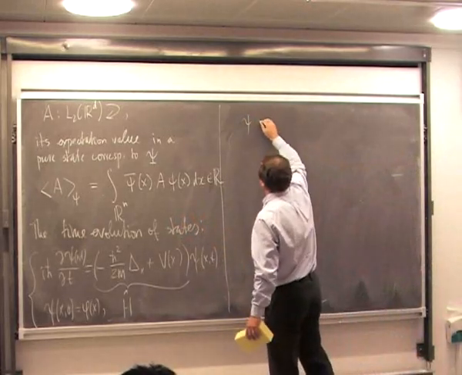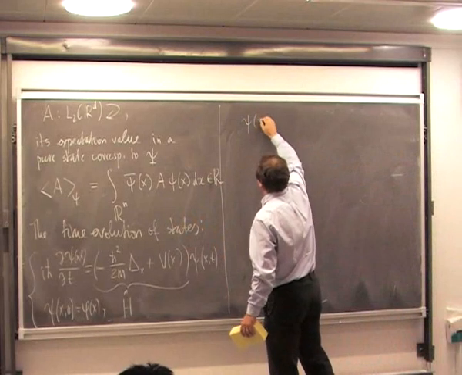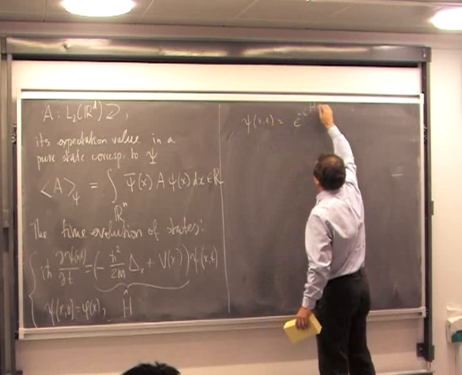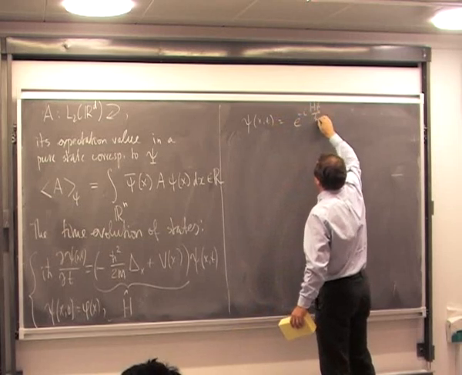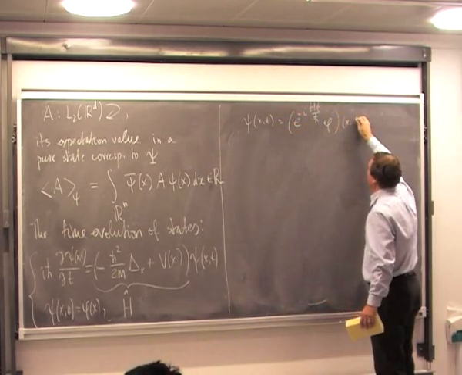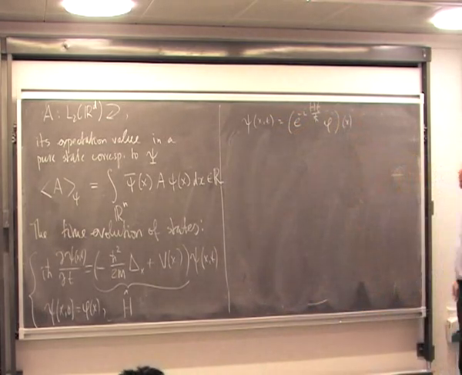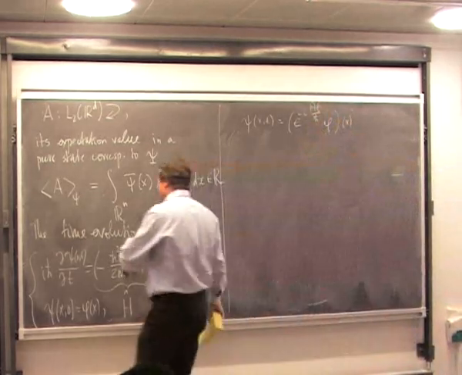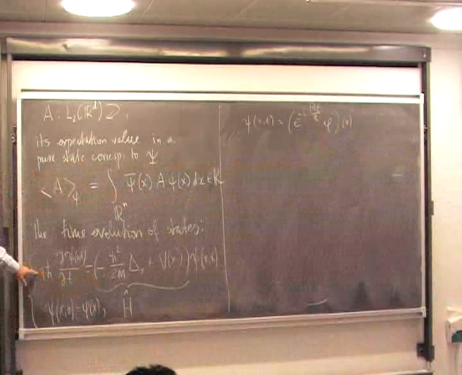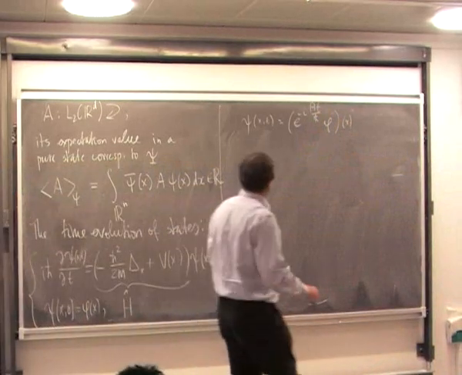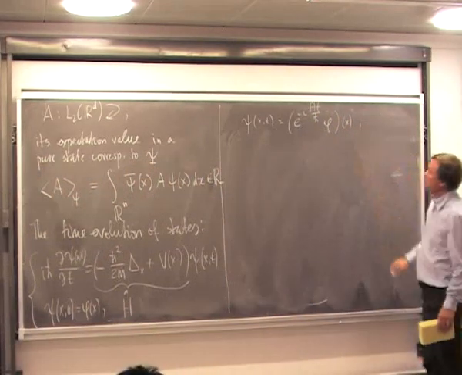So formally, psi of x, t is e to the minus i H-check t over h-bar, phi of x. You see, it's a linear differential operator, and that's the simple equation for the vector in the infinite dimensional vector space.